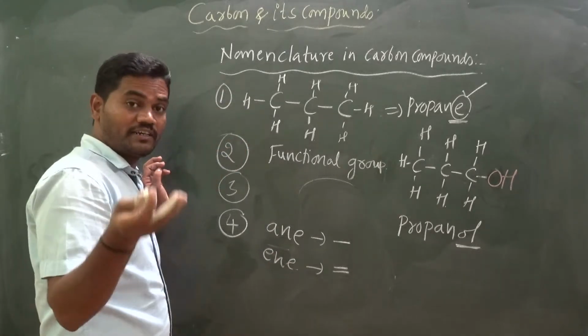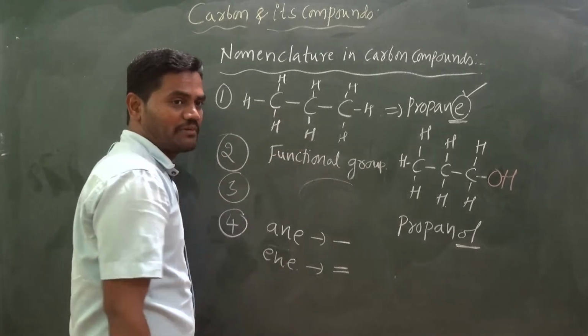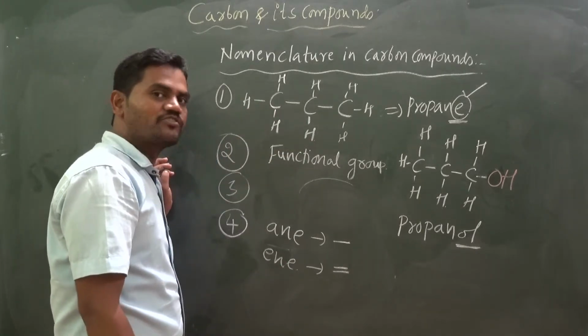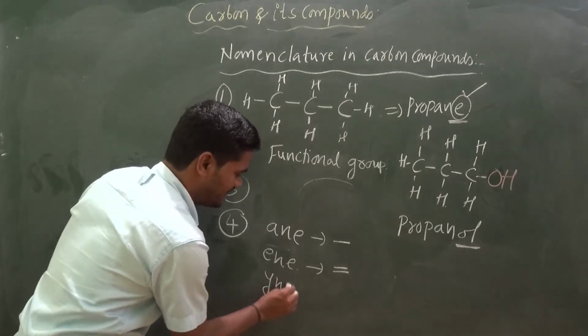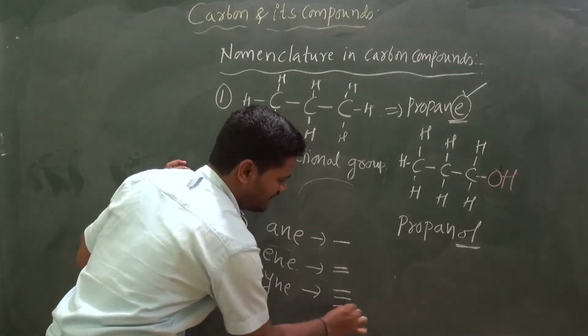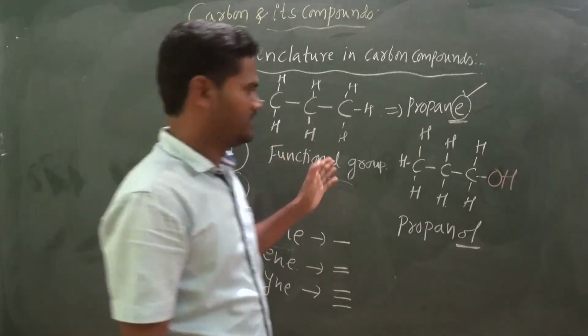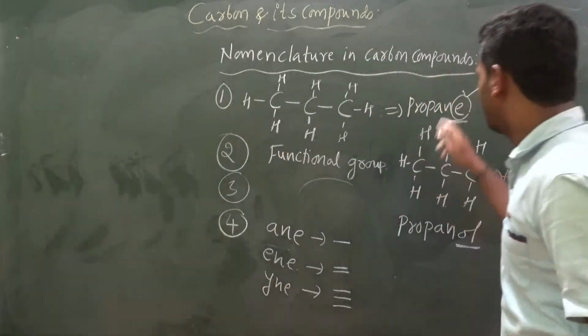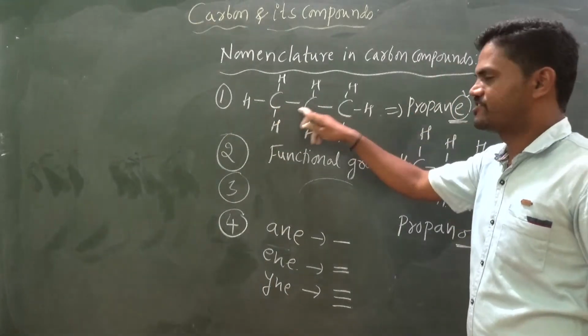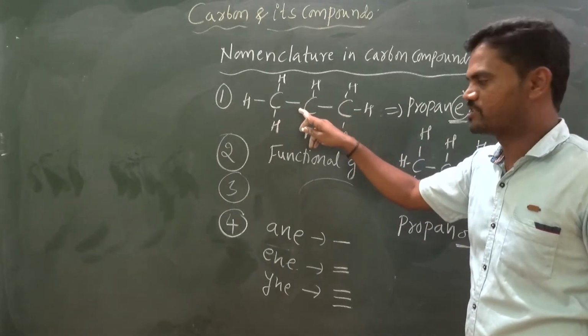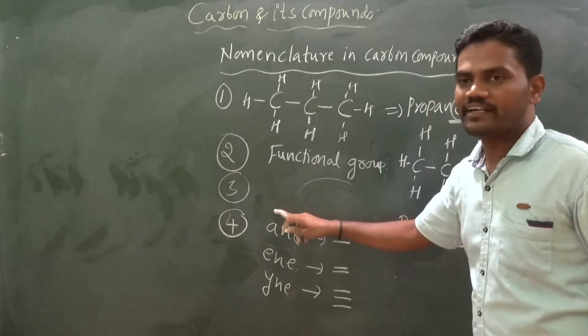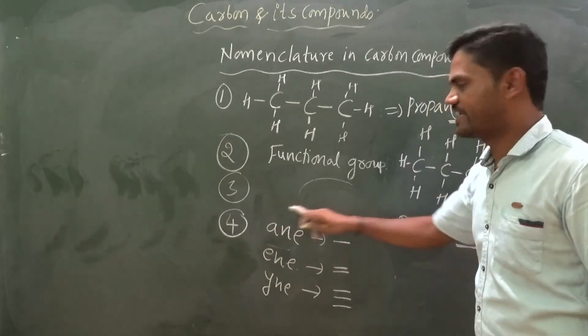And if your organic compound contains a carbon-carbon triple bond, that is also an unsaturated hydrocarbon, so you have to use YNE. For this one, a simple saturated hydrocarbon, that is propane, a carbon-carbon single covalent bond is present, so you have to use the suffix ANE.